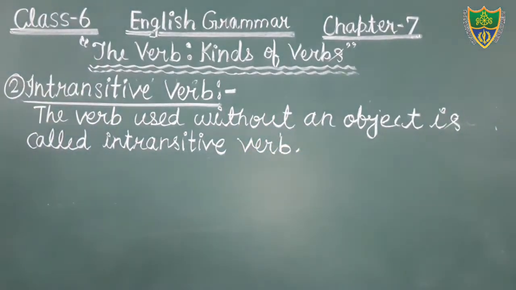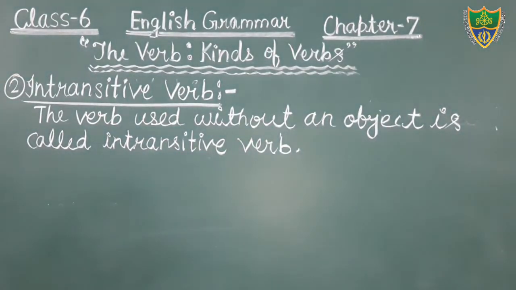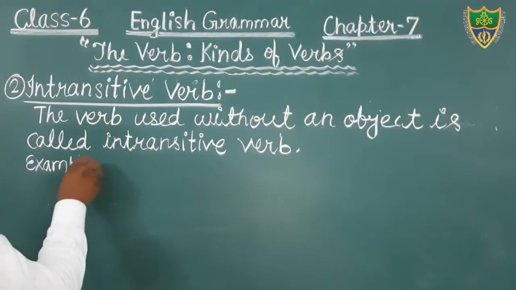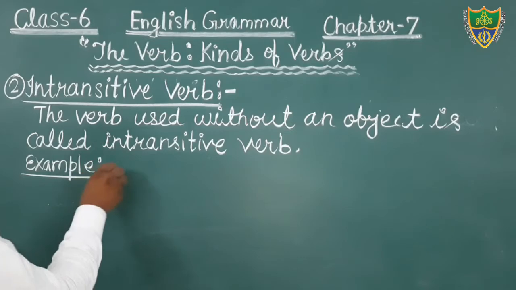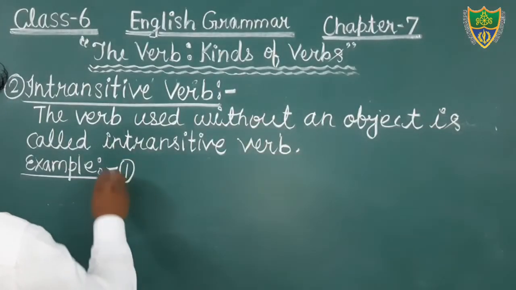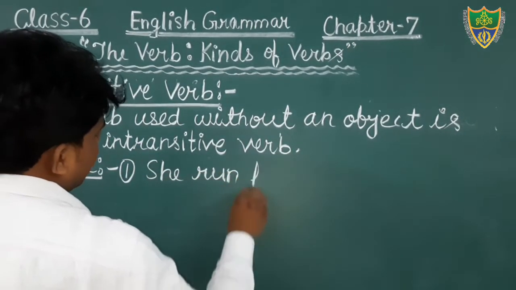You see, the verb used without an object is called an intransitive verb. For example, we will see the example. She runs fast.